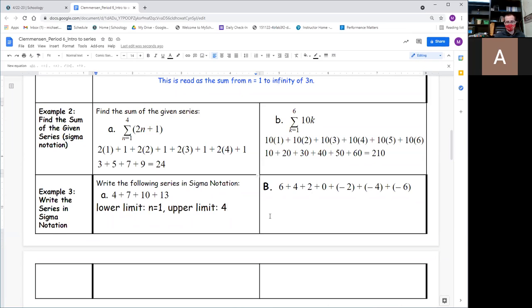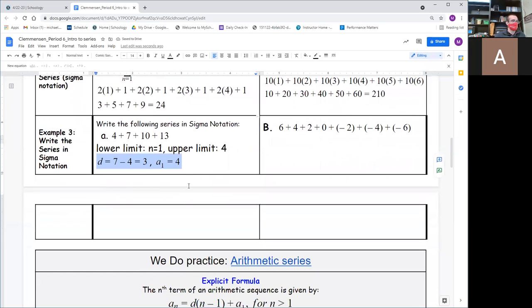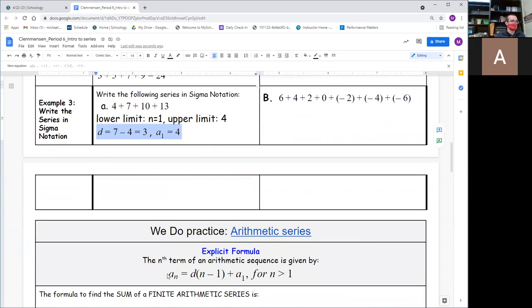And now we're going to be able to actually do the stuff that I have written here. Now what we need to find, which is just like what we did last time, is our explicit formula. To do that, we're going to use this down here. a sub n equals d times (n minus 1) plus a sub 1. To get d, we subtract any two of our numbers.